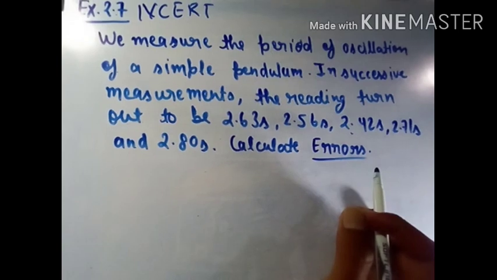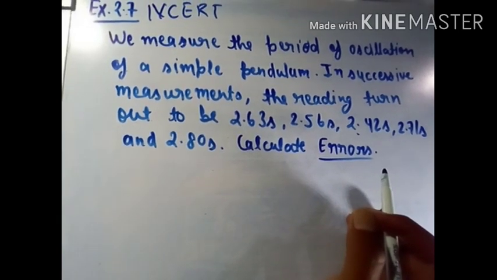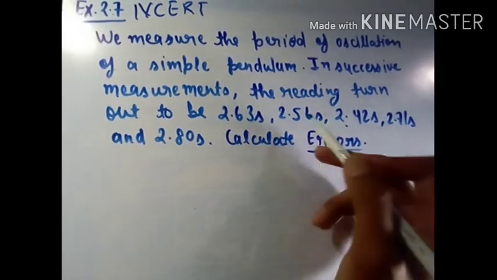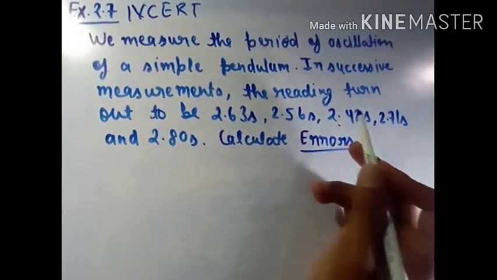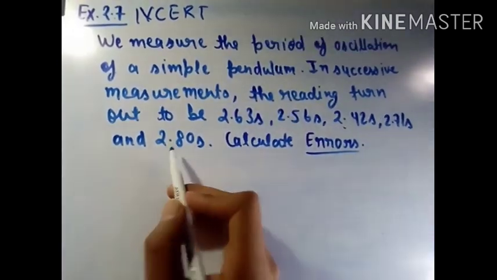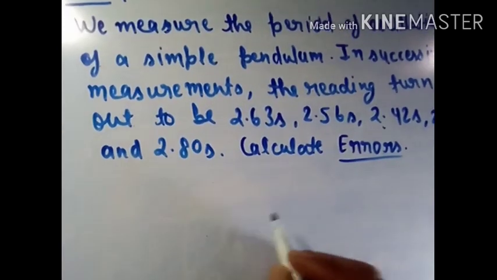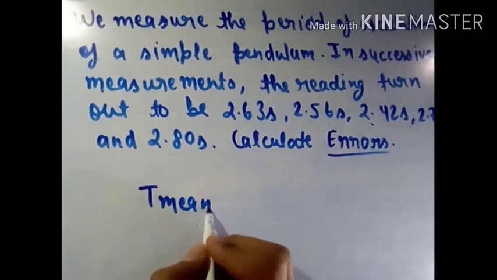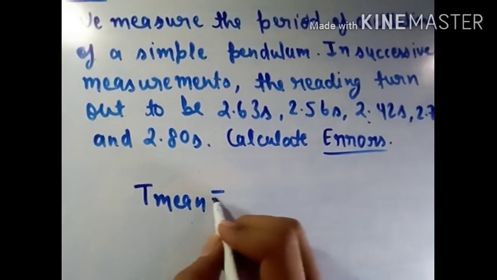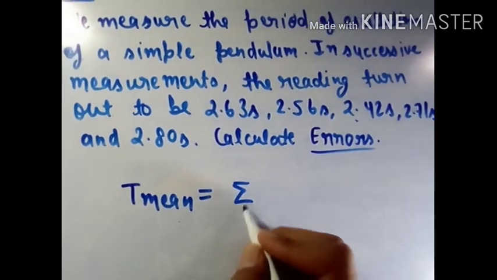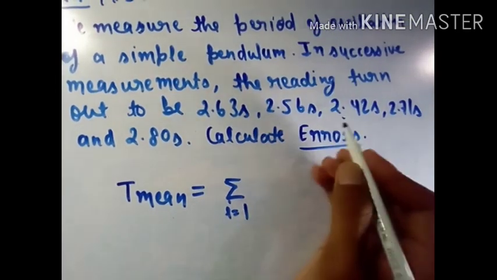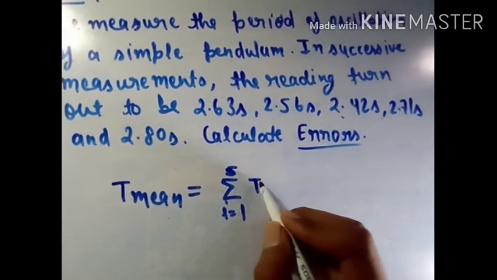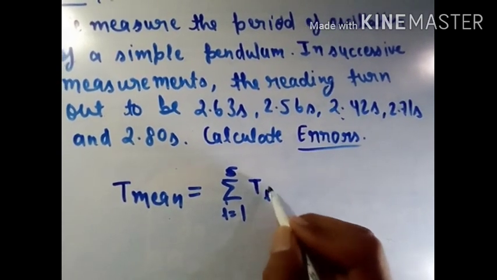Understand? So we'll start by calculating the mean. We have 5 values, acting like A1, A2, A3, A4, and the last one A5. First of all, we will write T mean. Now I'm going to apply the summation formula, that formula you know about. I is equal to 1 to 5, since there are only 5 values, and they are taken as Ti.